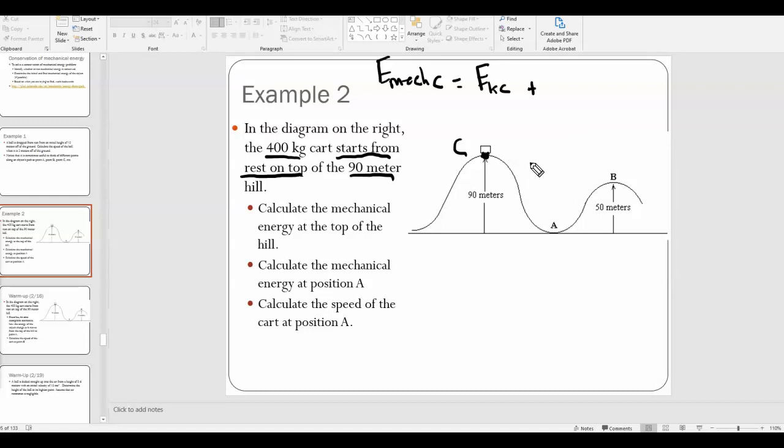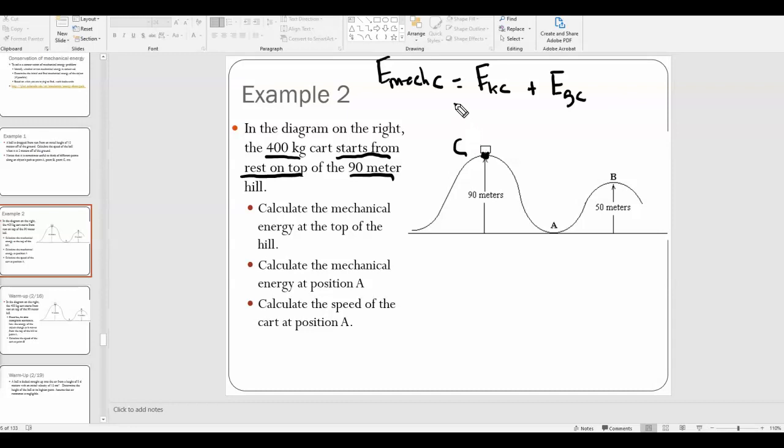And so I'm going to infer from context that the only other type of potential energy we have is gravitational potential energy. Okay, so I have the kinetic energy at point C plus the gravitational potential energy at C, for which I'm going to write EGC. Okay, and the first question is basically asking me to find this value.